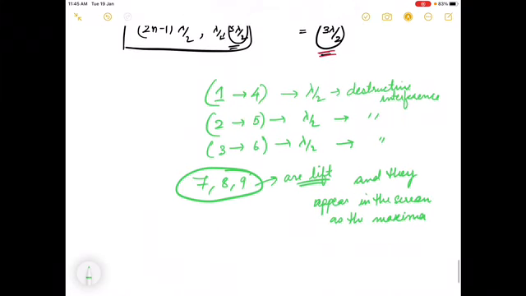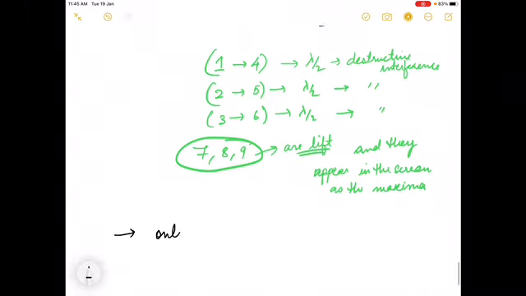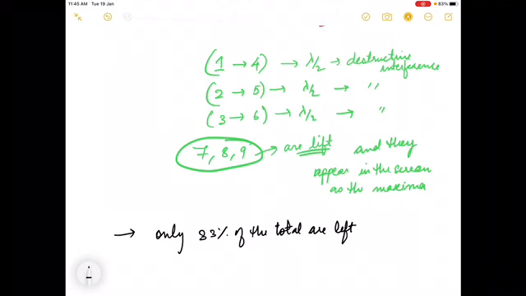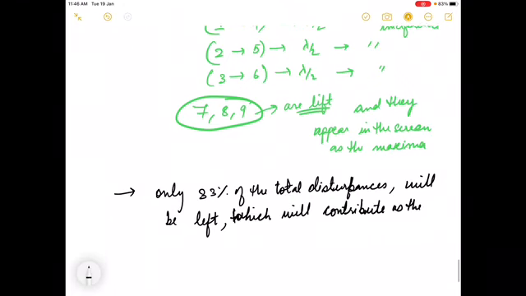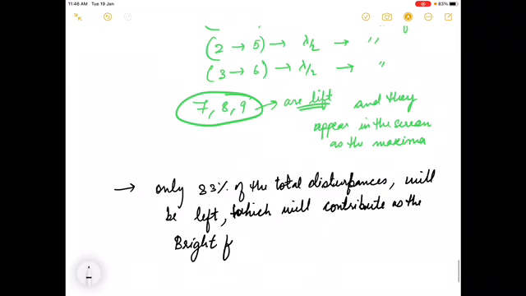Only 33% of the total disturbances will be left, which will contribute as the bright fringe, or we can call it the maxima, right?